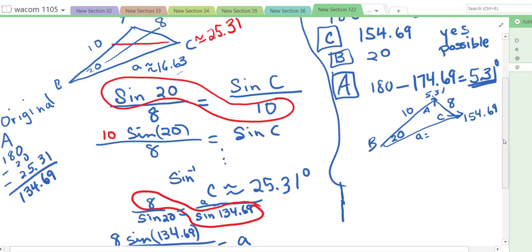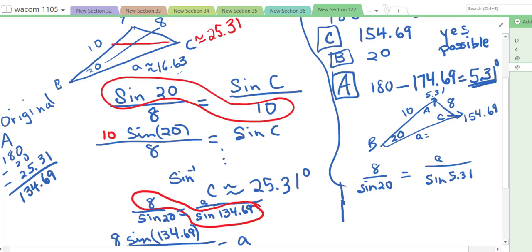And that is what I need to find now. All right, and I'll still use my original pair. I'm looking for a side, so I'm going to do side on top, 8 over sine of 20. My A over sine of 5.31, right?